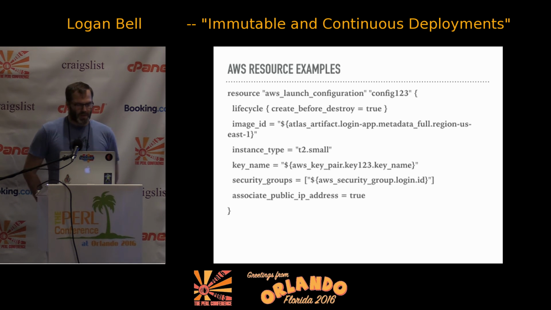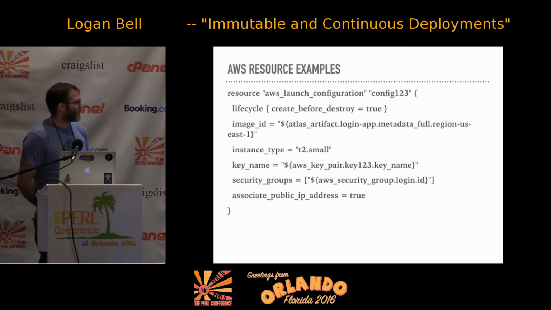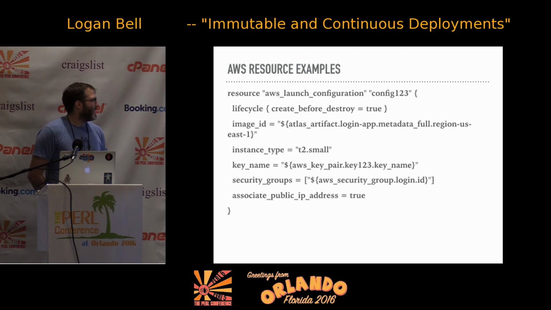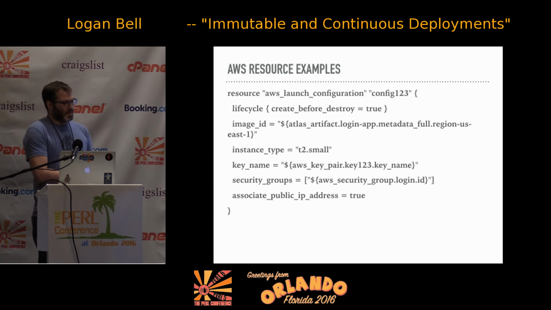Okay, so one of the interesting things about Amazon is that this works really nicely with Terraform, especially when you're trying to do hit list deploys. A hit list deploy is essentially when you're trying to not drop connections.